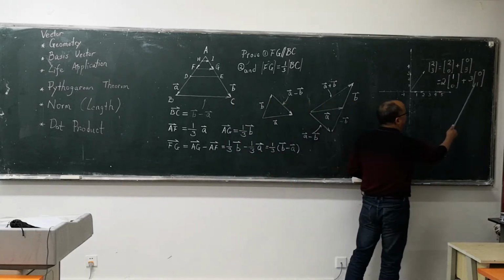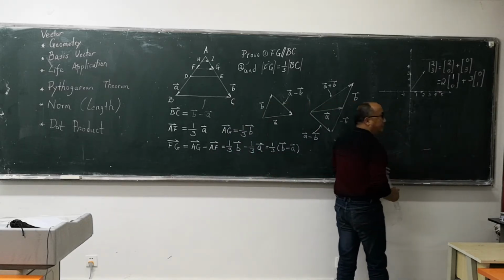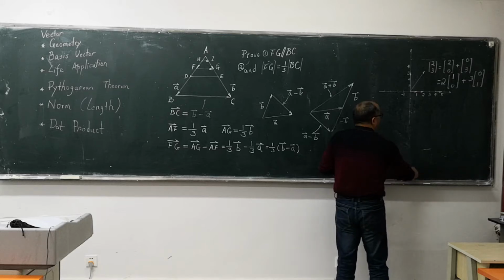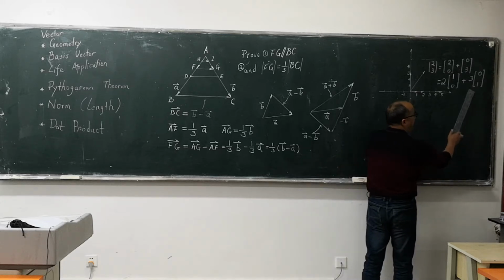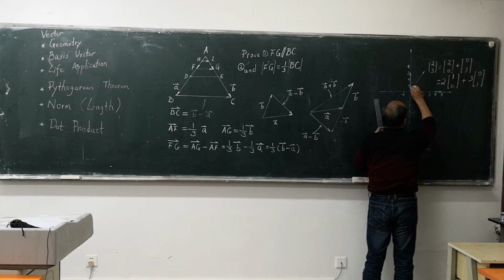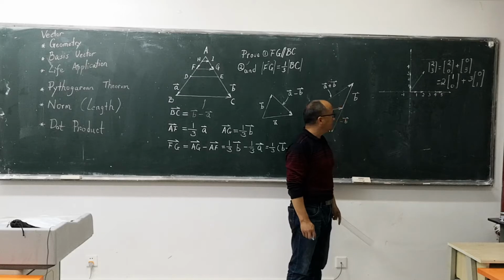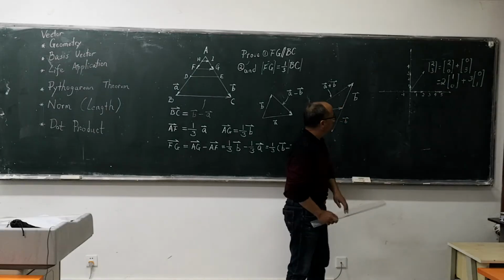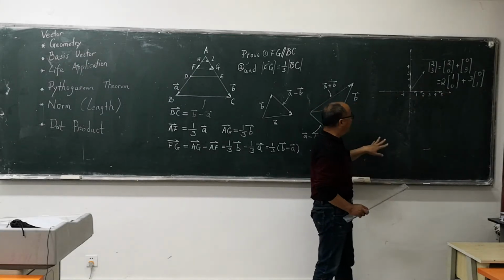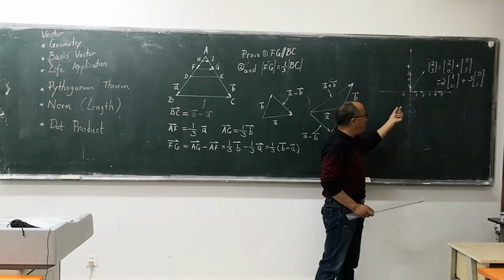And where is (0, 1)? Where is this vector? Vertical 1. It's here. I make it thicker, okay? This is a (0, 1). Alright, so this is the whole thing, the basis.